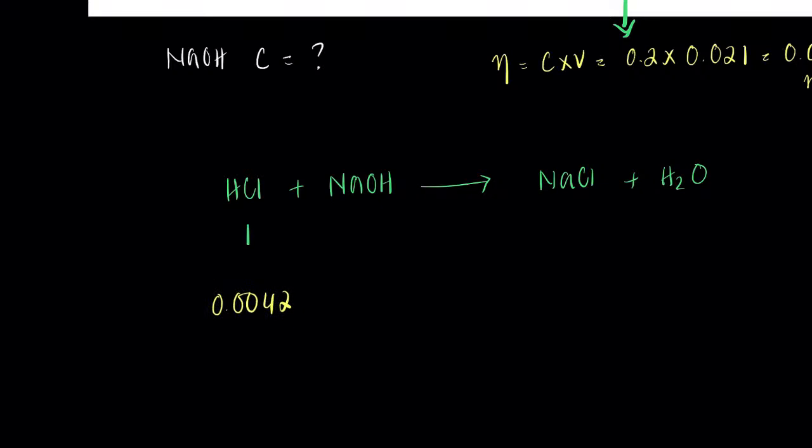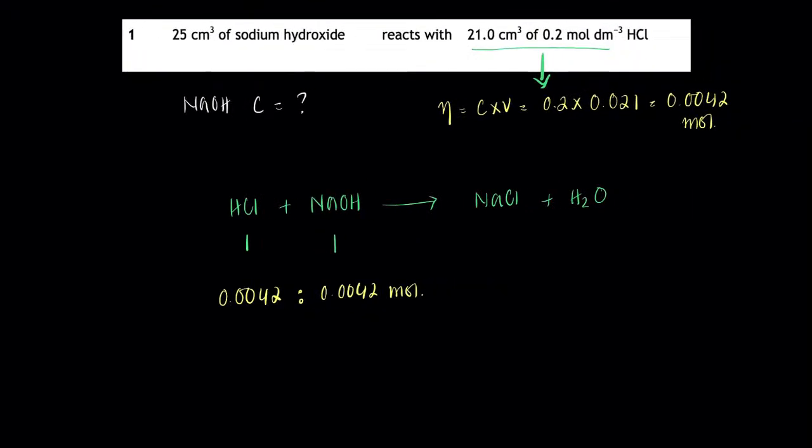For every 1 hydrochloric acid molecule, or every 1 mole of it, you'll need 1 mole of NaOH or 1 molecule of NaOH, right? So this has to be 0.0042 moles as well. And once you know this, you found out the missing moles of sodium hydroxide, you can find out the concentration.